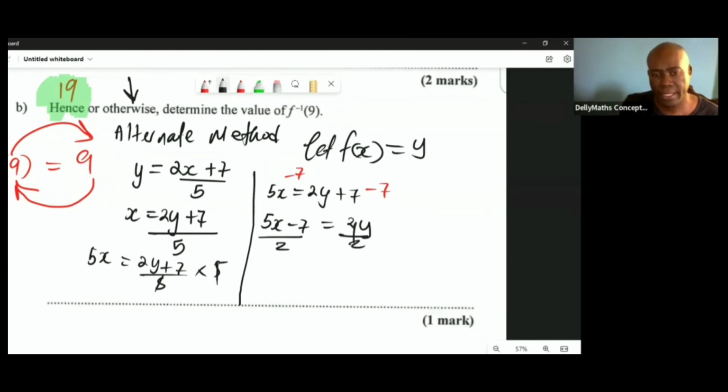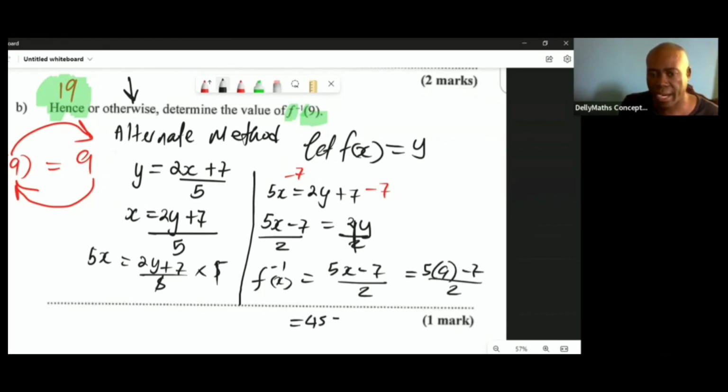So basically, y is equal to 5x minus 7 over 2, which means that the inverse of f of x is equal to 5x minus 7 over 2. And you'll see. So we're talking about 5 times 9 minus 7 over 2. 5 nines, that's 45 minus 7 over 2. That is 38 over 2.